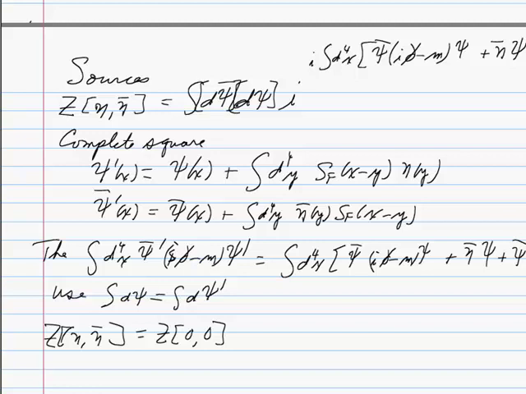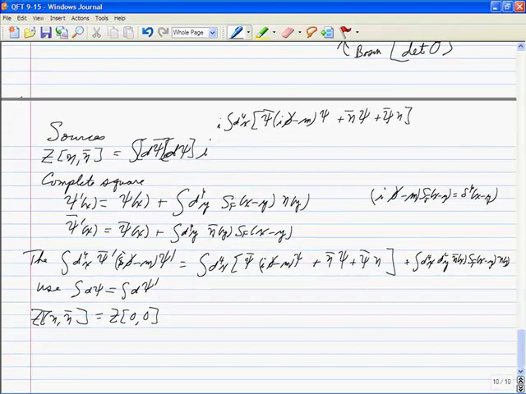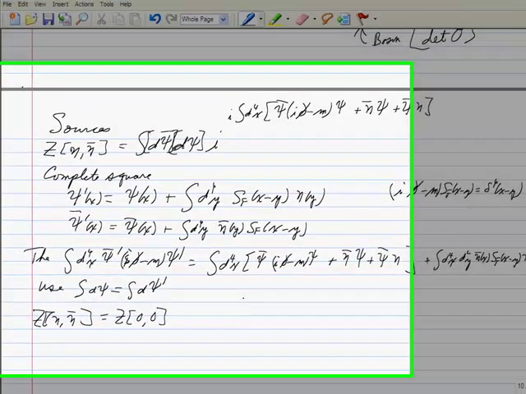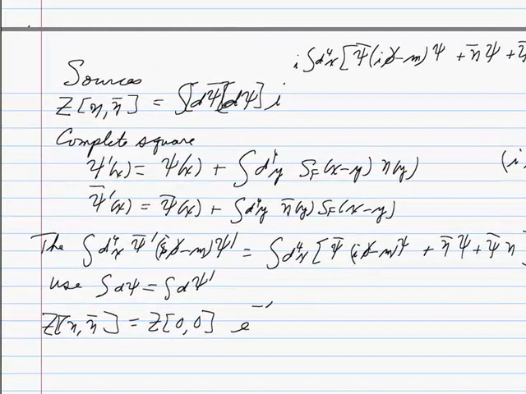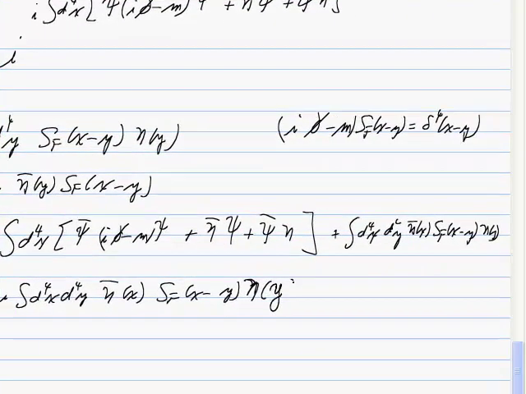This piece here is that minus this piece, and the psi prime integration is just a constant, and we end up with either minus i integral d4x d4y eta bar of x S_F of x minus y eta of y, which is what we wanted.